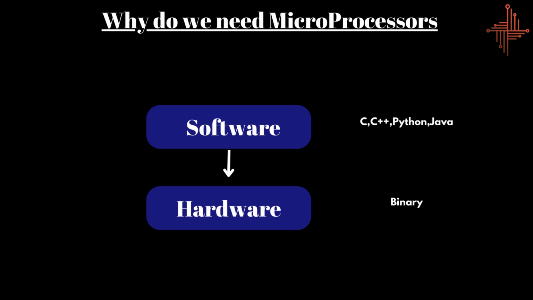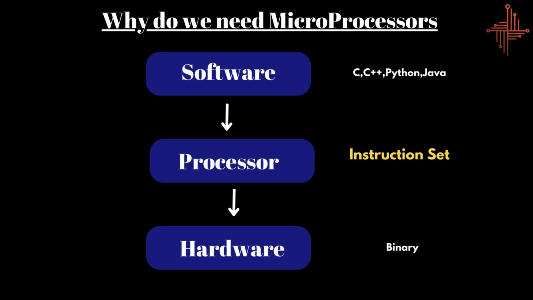But our hardware understands only binary, which is 0 and 1. Well, not even 0 and 1. It only understands on and off. That is why we need a processor, which can act as an intermediary between our software and hardware. But we have to make sure that it understands the languages of both.